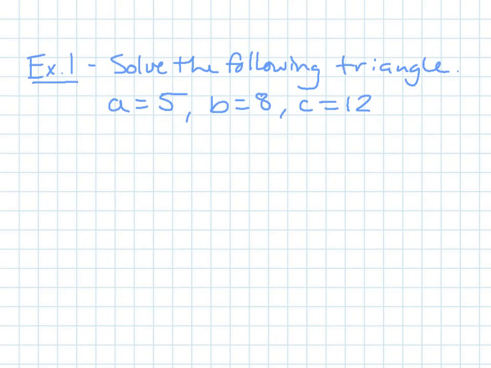So here's an example of a problem where you're given all three sides. So if I'm given these three sides, then that means I need to find one of the angles.